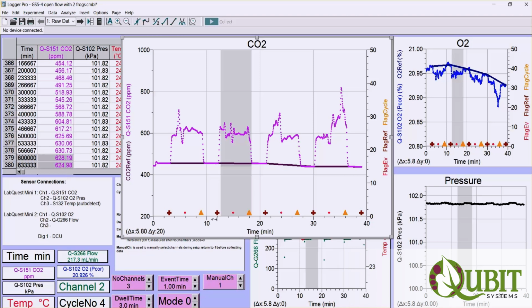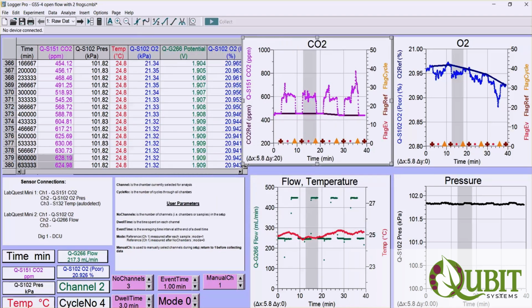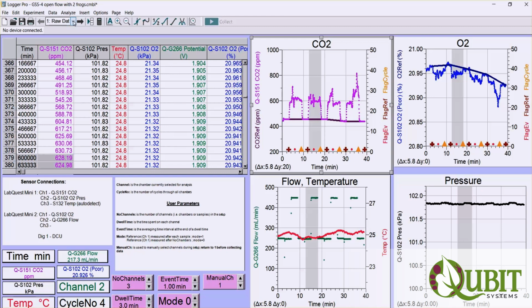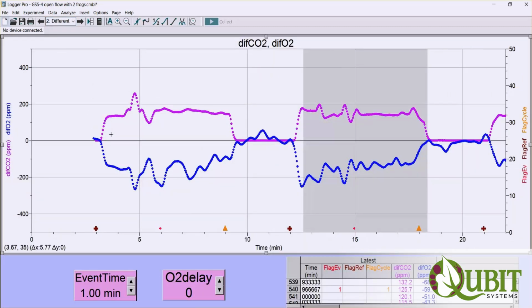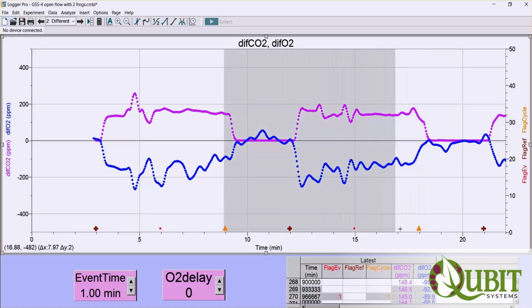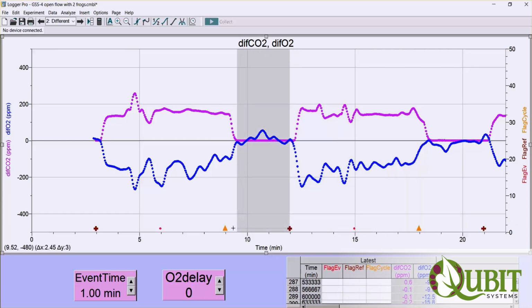So, okay, so we can now move to page 2, where our differential data is plotted. This is the data for CO2 and O2 where the reference levels have been subtracted. And you can see, again, here we're looking at data of the single cycle with reference data, which should be 0.